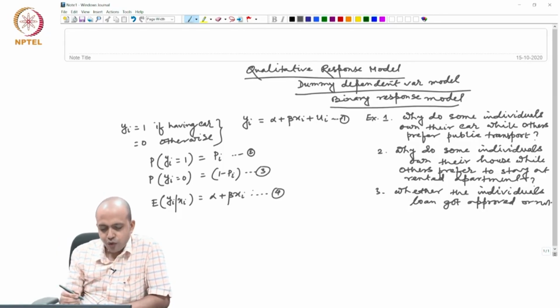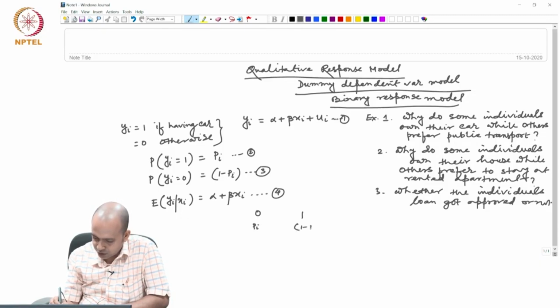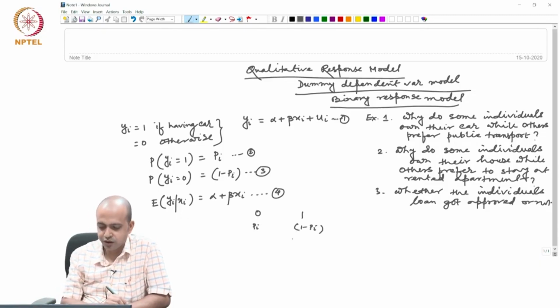Now, I can find the expectation of yi from this formula also, because yi can take two values, 1 and 0, and the probability that y will take value 1 is pi and 0 is 1 minus pi. So, these are the values that y can take, and the probability is pi and 1 minus pi.